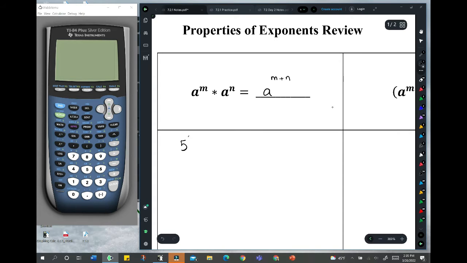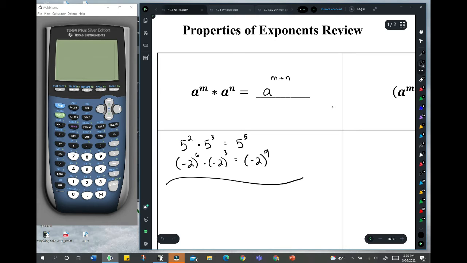In the past, we did something like if you had 5 squared times 5 to the third, that would be 5 to the fifth. Same idea if you had negatives, negative 2 to the sixth times quantity negative 2 to the third, that would be negative 2 to the ninth.